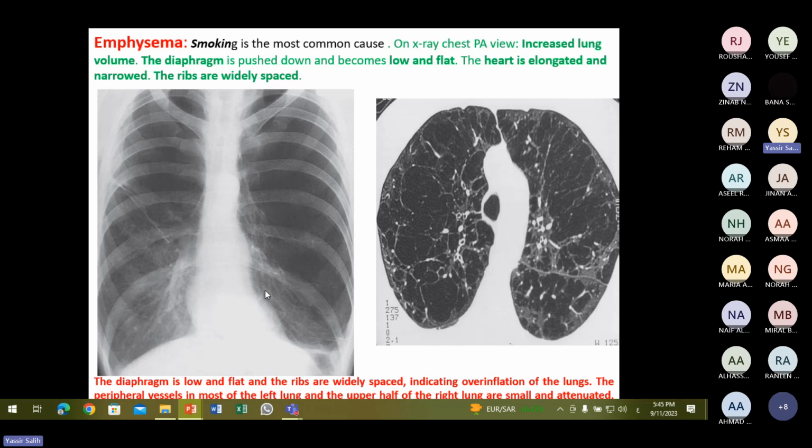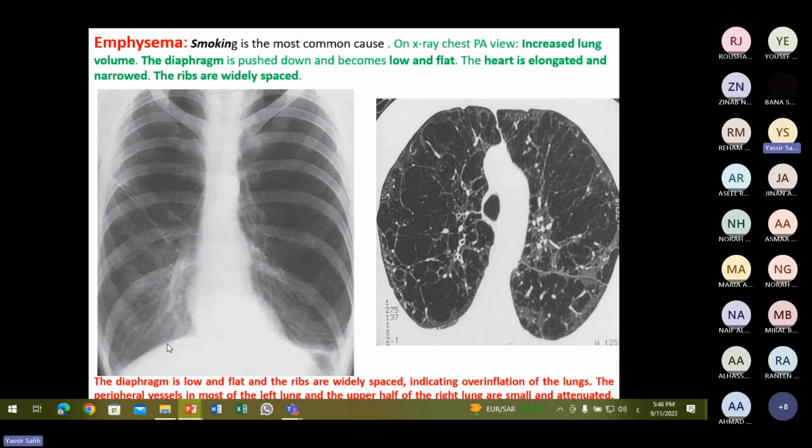This is concerning the heart. And if you look at the lung volume, you find it is hyperinflated, extending down to almost below the last rib. Hyperinflated, or increased lung volume, on both sides.